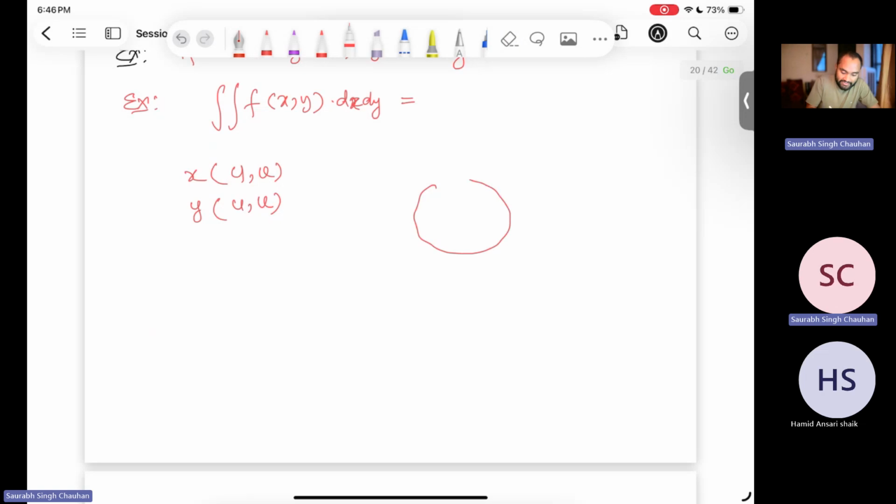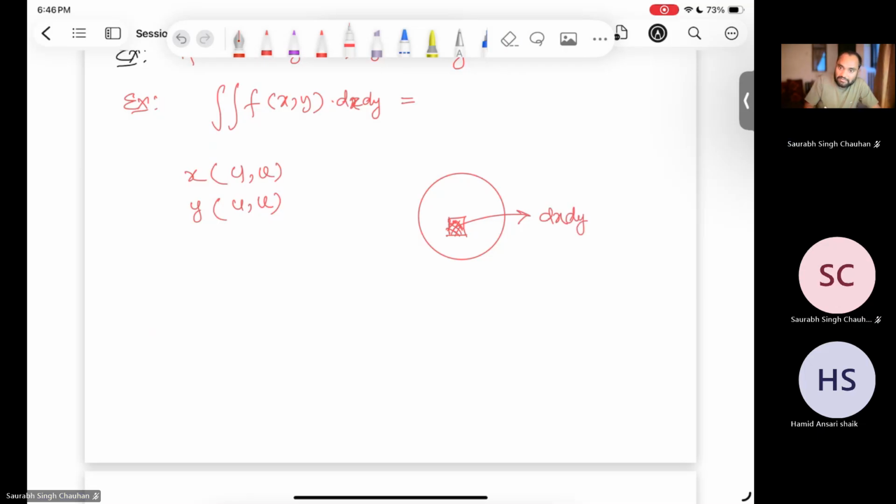For example, you want to find the area of this circle. How will you find the area of the circle? You first make an elementary area. The area of this small element is dx comma dy. Integrate it over x and then integrate it over y.